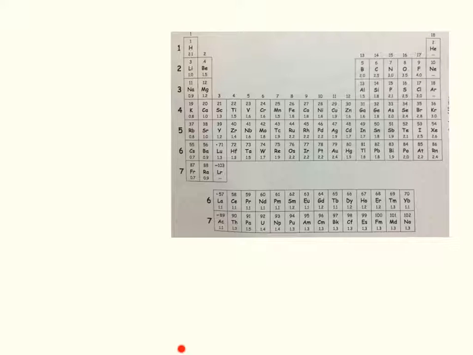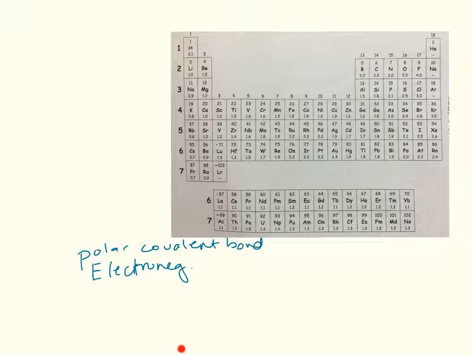So when we start wanting to classify these covalent bonds as polar or nonpolar, the best way to do that, and this is really generalized, is that a polar covalent bond is generally thought of as being between the electronegativity difference. So the electronegativity difference is going to be greater than or equal to 0.4 all the way up to about 1.7.